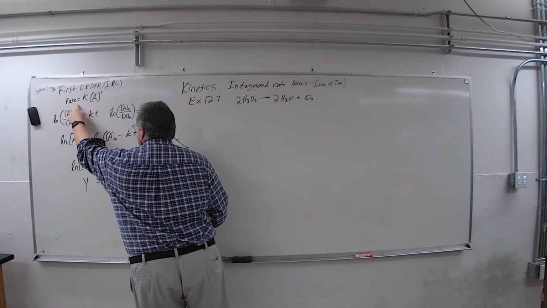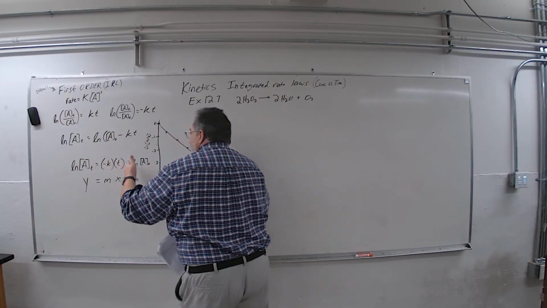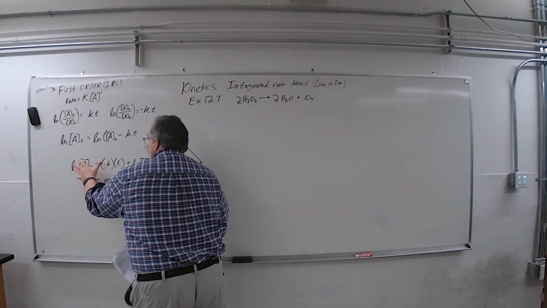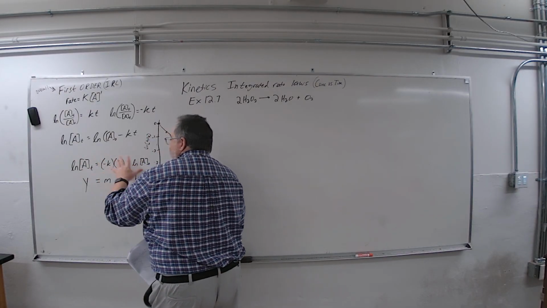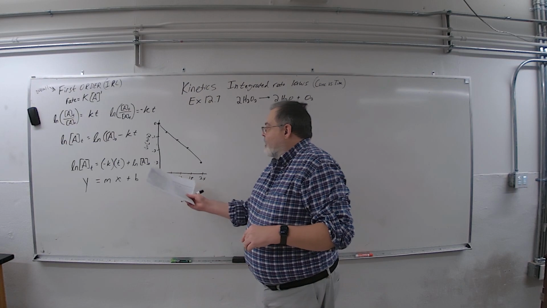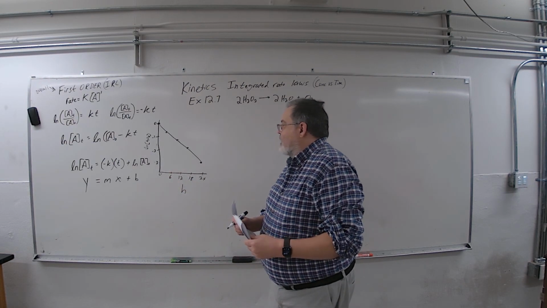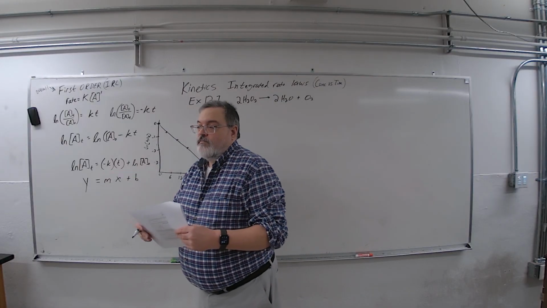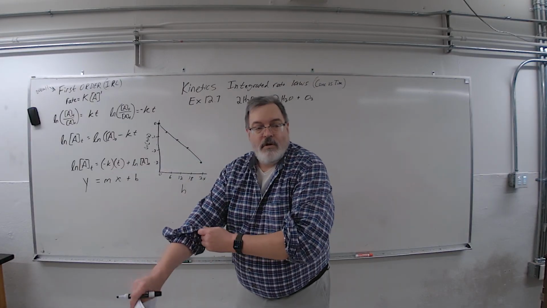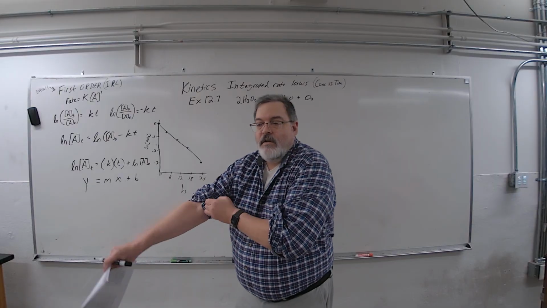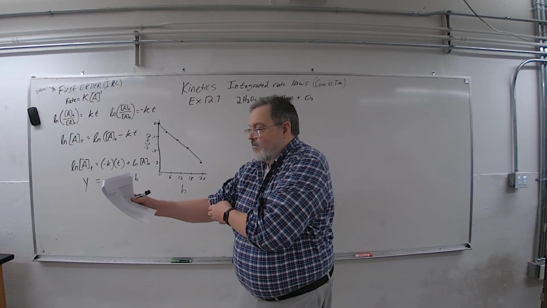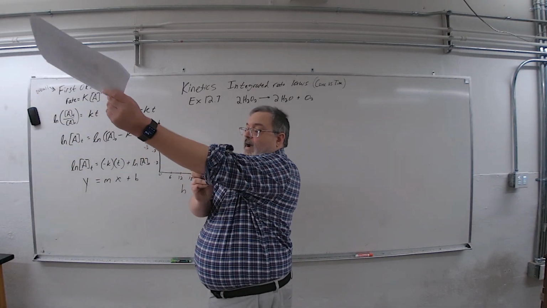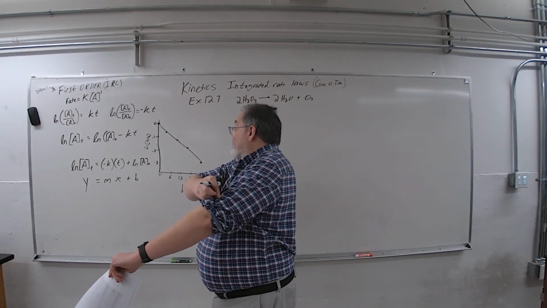The formula will be different when we go to second order and zero order. The fact that it fits this specific configuration, with the natural log there and just time here, and it's linear, means it's first order. And I will draw this for you rather than make you graph it on a test. The way this one's phrased, 12.7, they act like you're going to graph it, but they graph it for you in the answer.